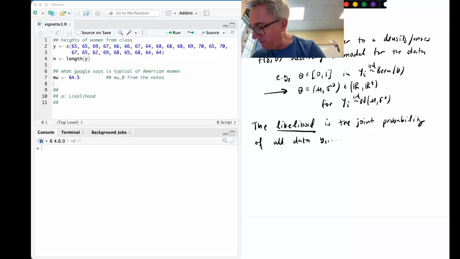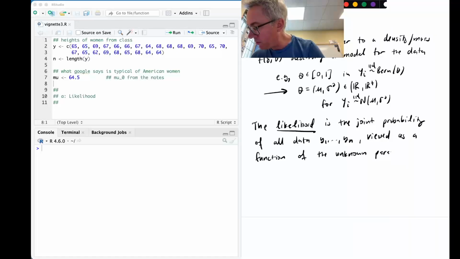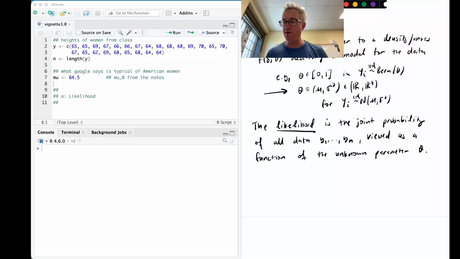So I'm thinking n observations viewed as a function of the unknown parameter. Now I'm using parameter singular with value theta, but actually I'm going to be doing an example with multiple parameters, where theta is the quantities mu and sigma squared in the Gaussian example.